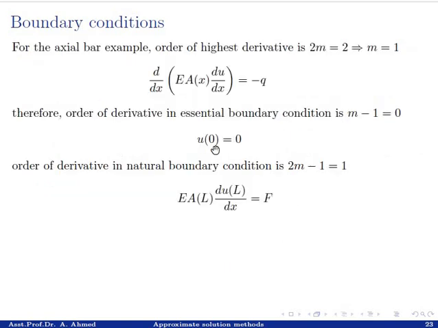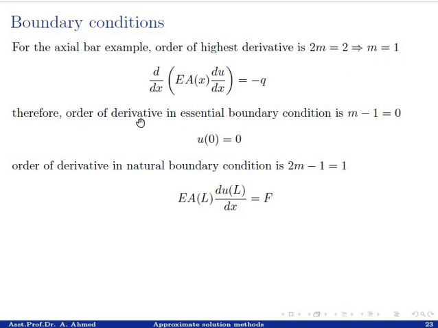For example, for our case of the axial bar, this is the equation, and this equation contains d squared u over dx squared. So the order of the highest derivative is 2. So 2m is equal to 2, or m is equal to 1.